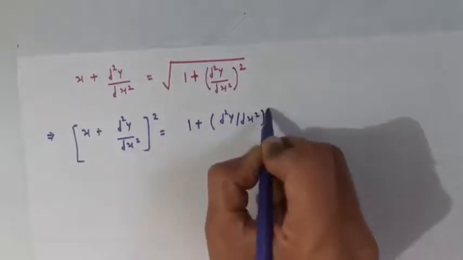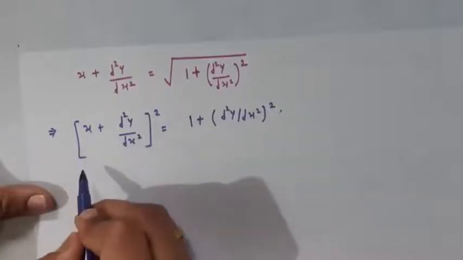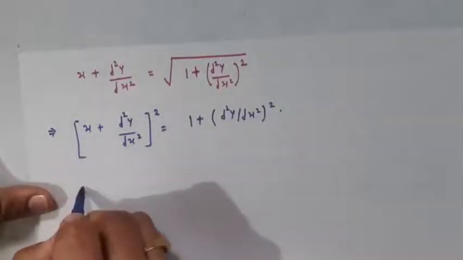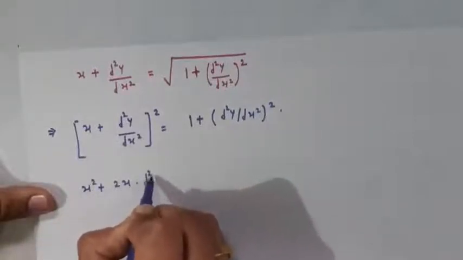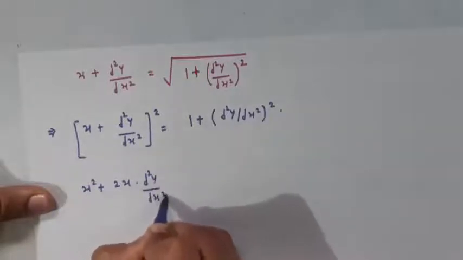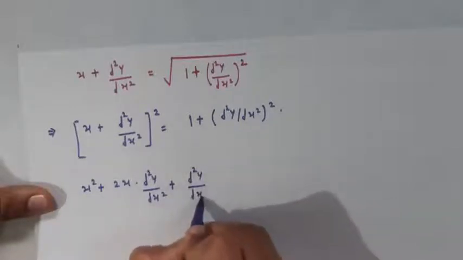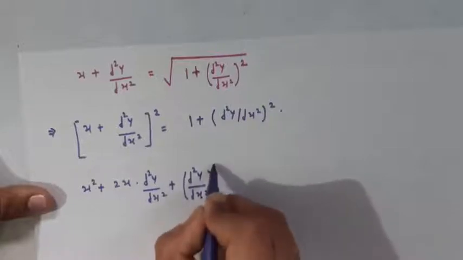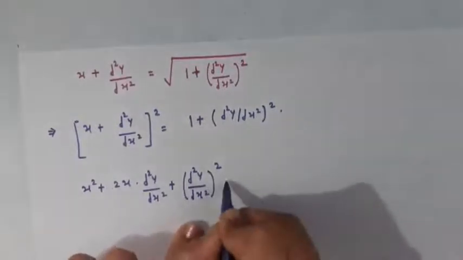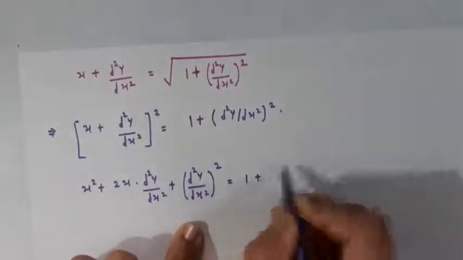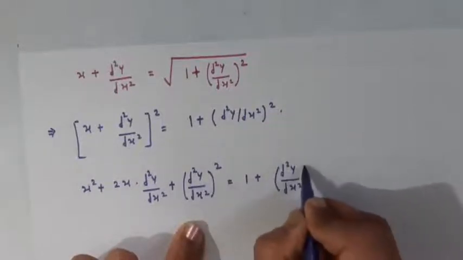Okay, so by using (a plus b) whole square equals a square plus 2ab plus b square, this is x square plus 2x d2y upon dx square plus d2y upon dx square whole square, equal to 1 plus d2y upon dx square whole square.